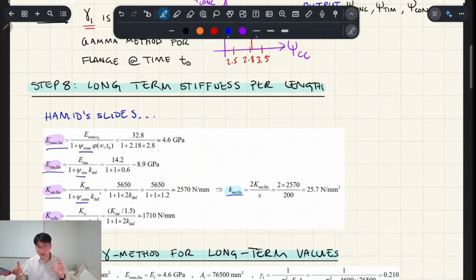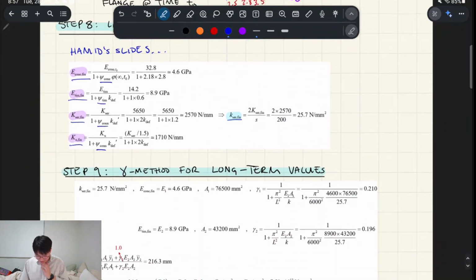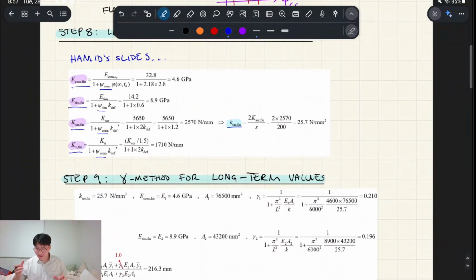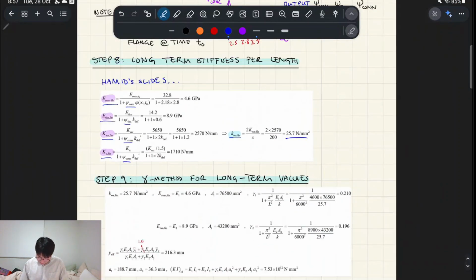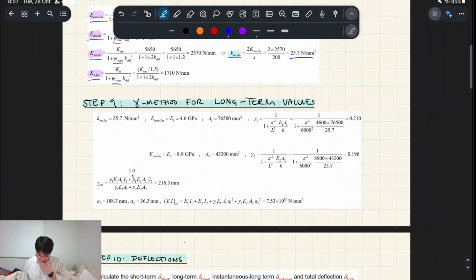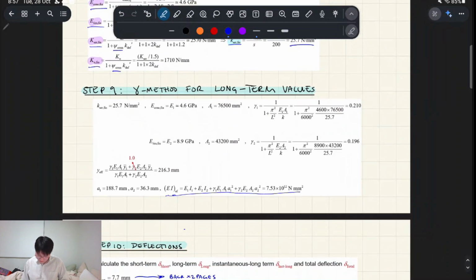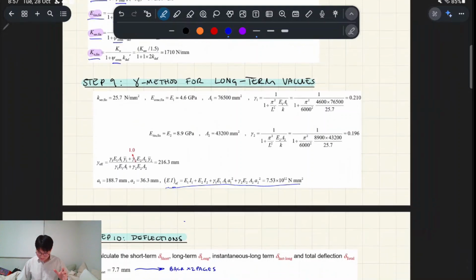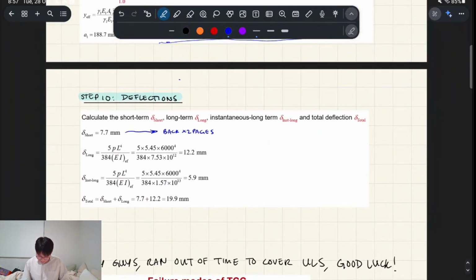So for deflections, you can find your long-term stiffness per unit length. And then you reapply the gamma method and you get this value, your effective flexural stiffness. And using that is how you get your long-term deflection, basically.